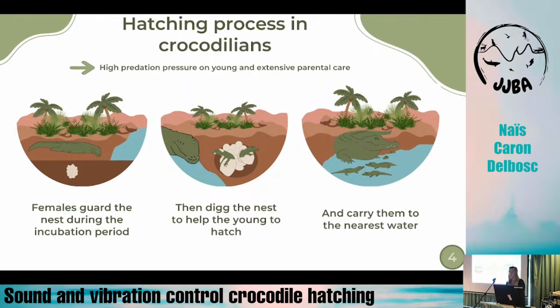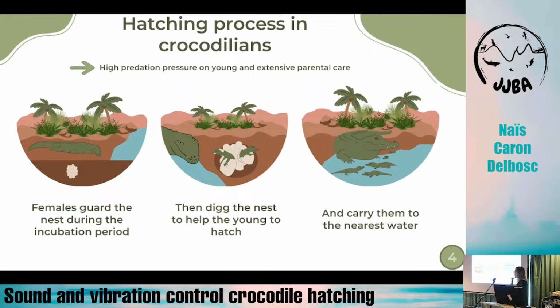So crocodiles are animals characterized by a high predation pressure on the young, but also extensive parental care. For example, the females are really involved in the protection of their young, and they invest energy in their brood.